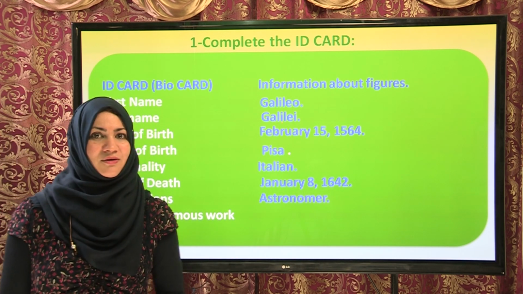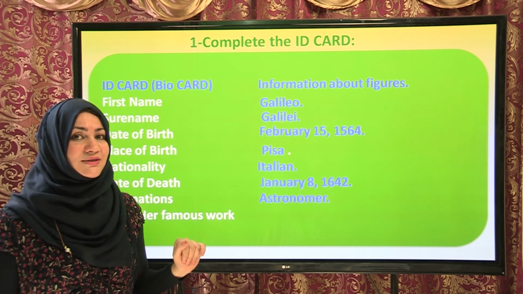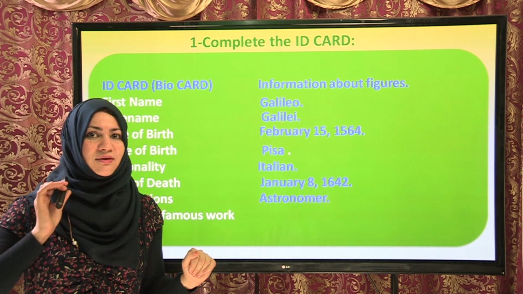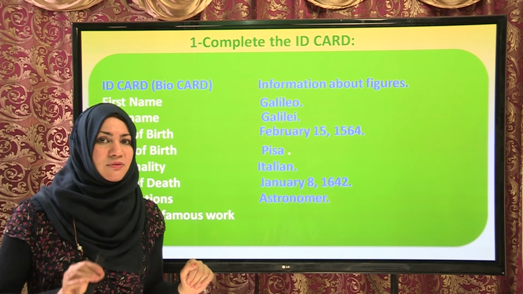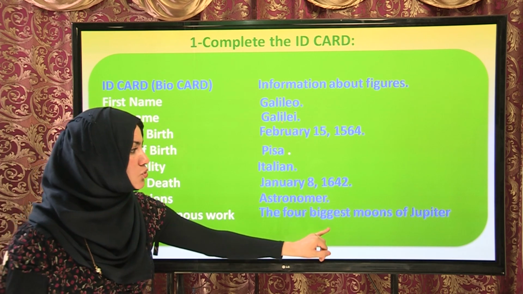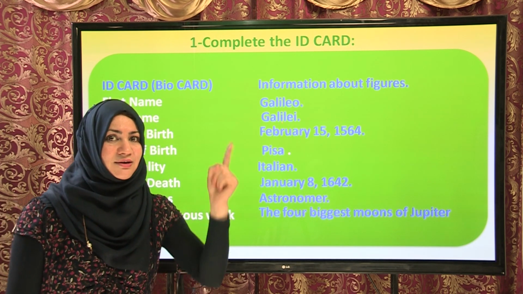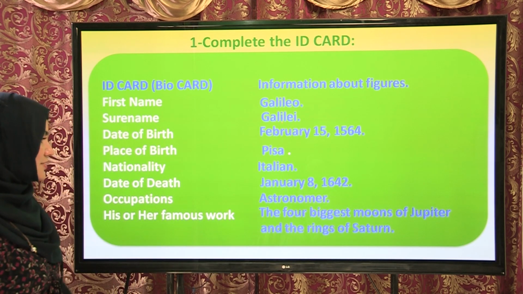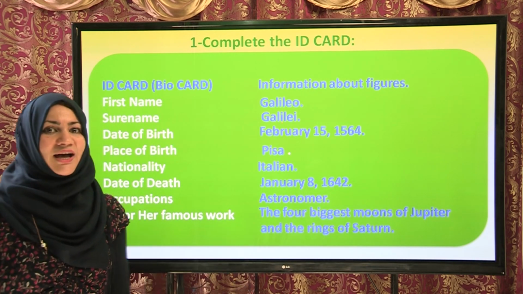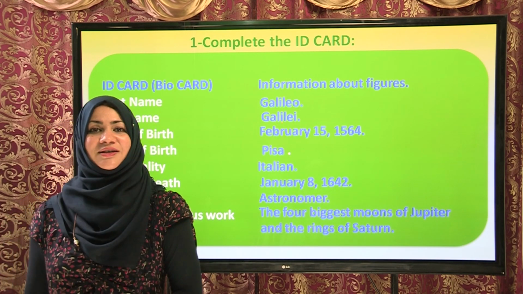How about his famous works? What did he do? Good. Firstly, the 4 biggest moons of Jupiter, and the rings of Saturn, 2 planets. He discovered the 4 biggest moons of Jupiter and the rings of Saturn.